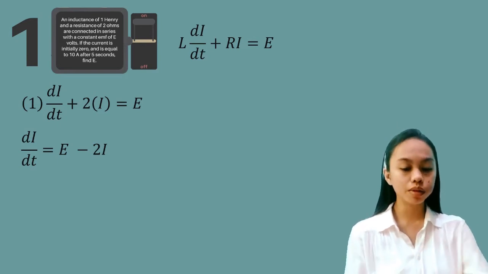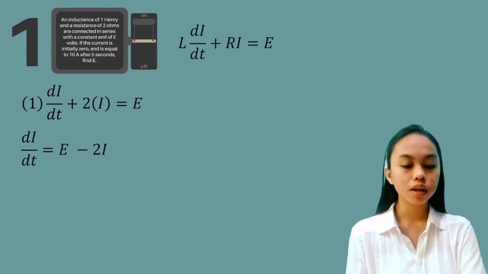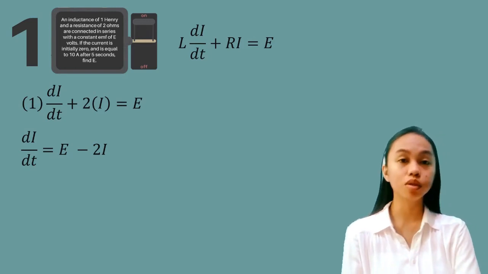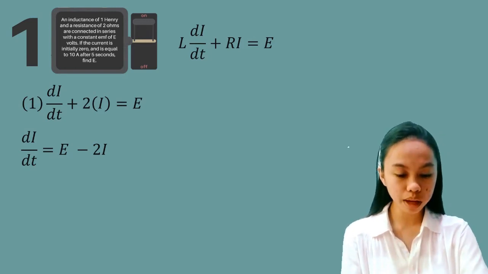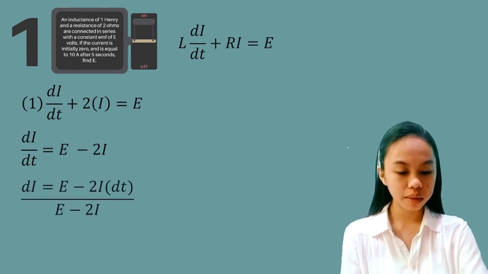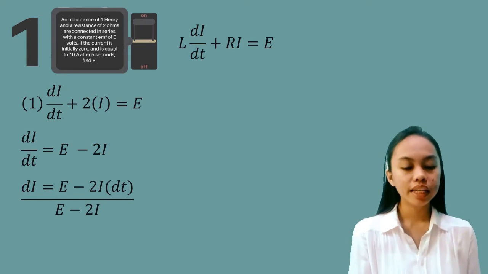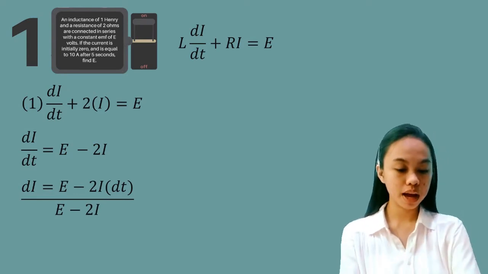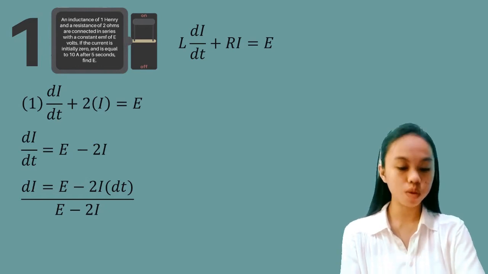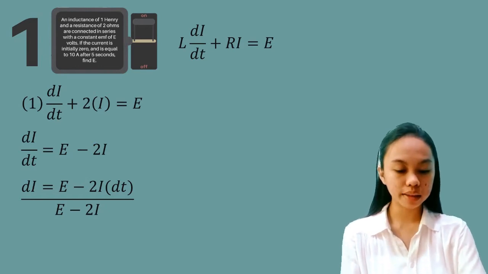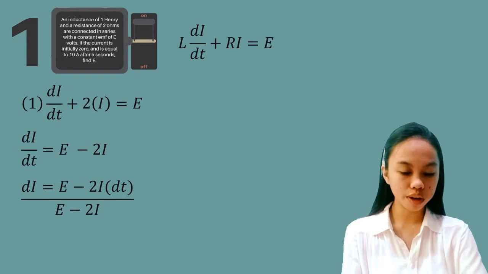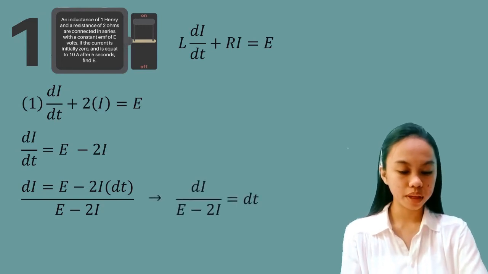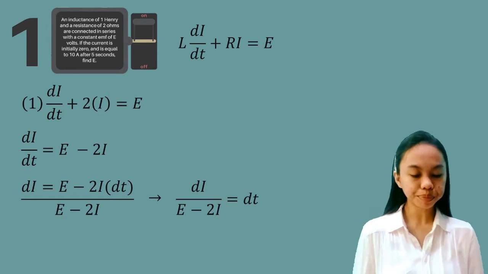First, we cross multiply dt to E - 2I, so we have di = (E - 2I) dt. Then we divide both sides by E - 2I, so we get di/(E - 2I) = dt.